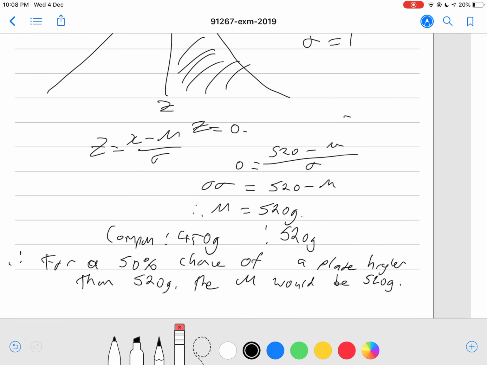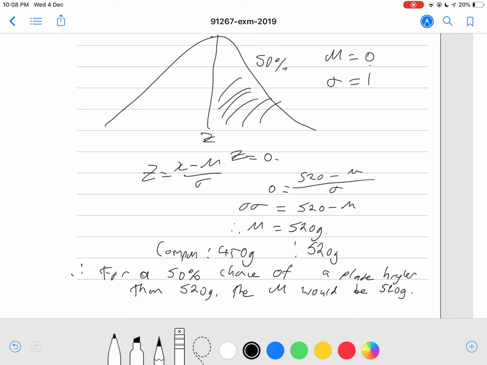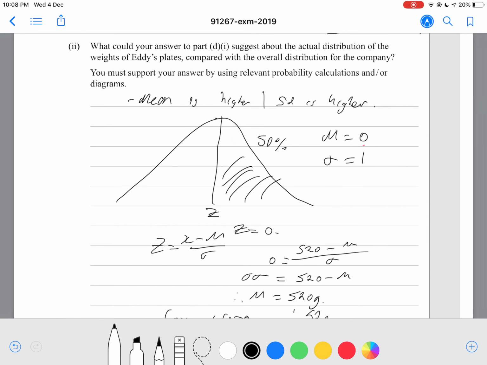Okay, so probably it's not the best idea to use 50%. We'll say 75% actually, because 50% will give us an invalid answer for the standard deviation, I just realized.